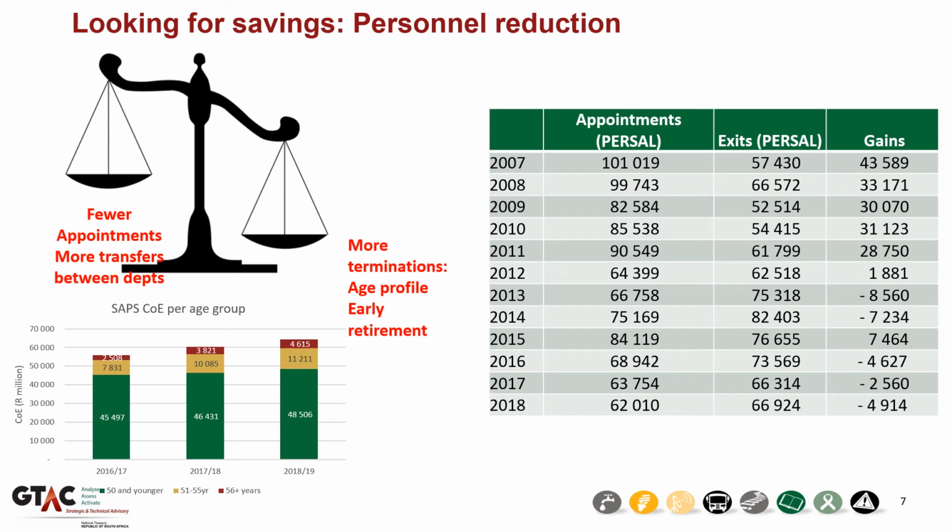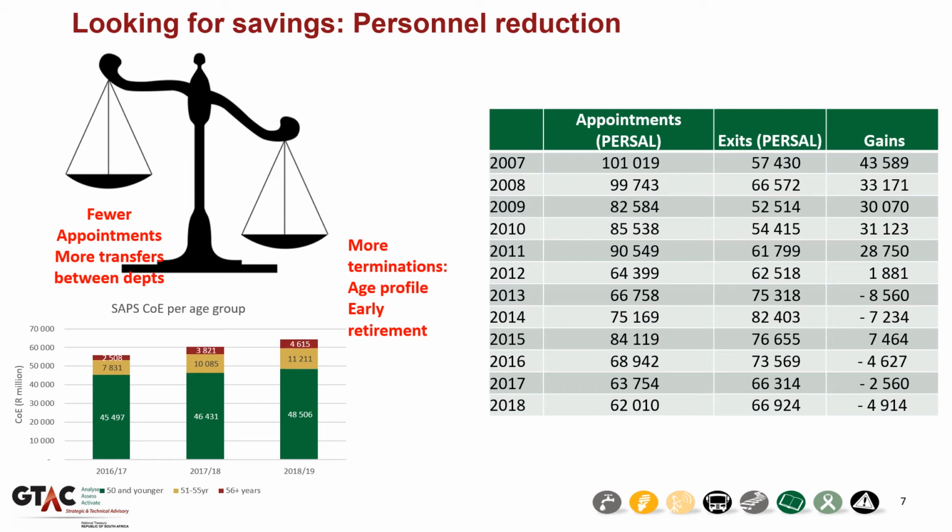In the table you can see that in 2018 there were close to 5,000 fewer appointments than terminations. So natural attrition is already a reality at the aggregate level. Each department has to monitor this balance between terminations and appointments.